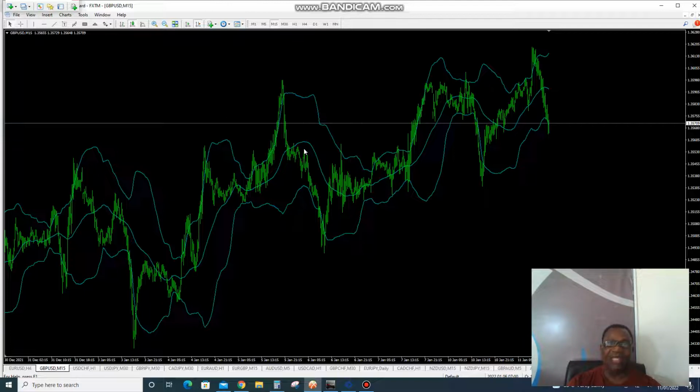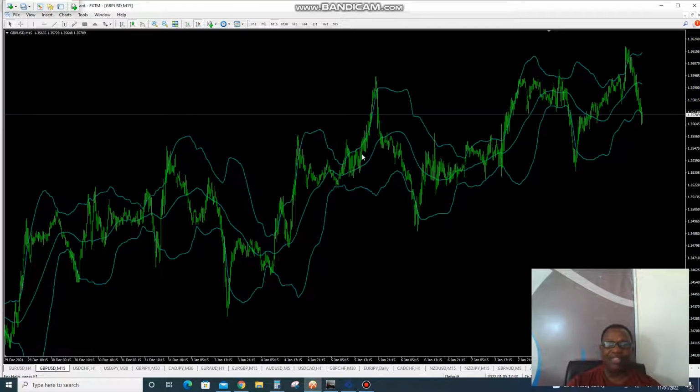Now the Bollinger Band has been placed on the market. These tiny up and down candles you are seeing are the market, and this is the market volatility going up and down.